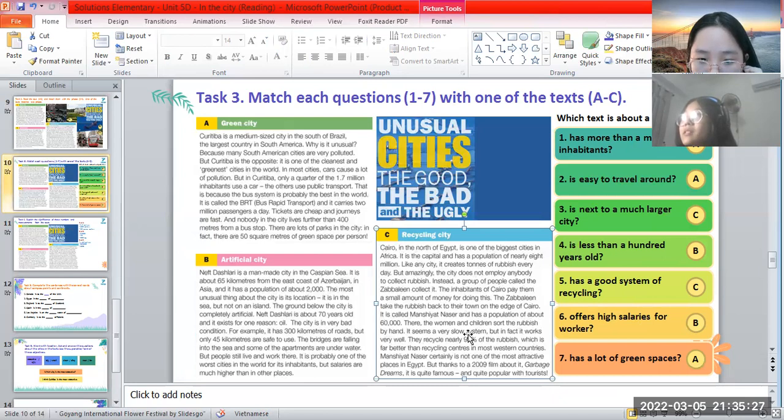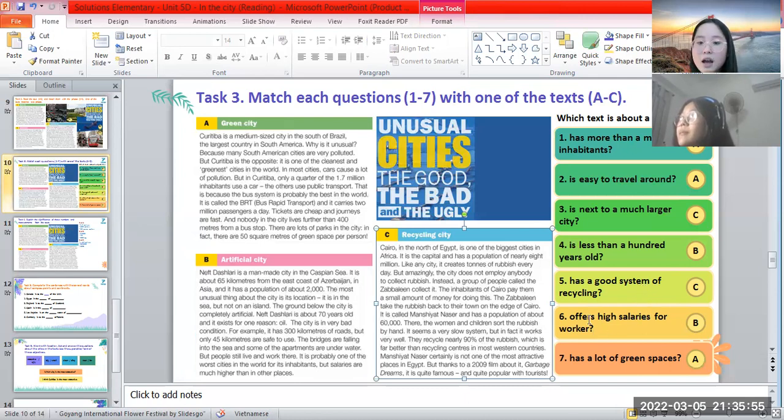Here, they recycle nearly 90% of the rubbish, which is far better than recycling centers in most Western countries. So that means it has a really good system of recycling, right? So the answer for question number 5 is C.